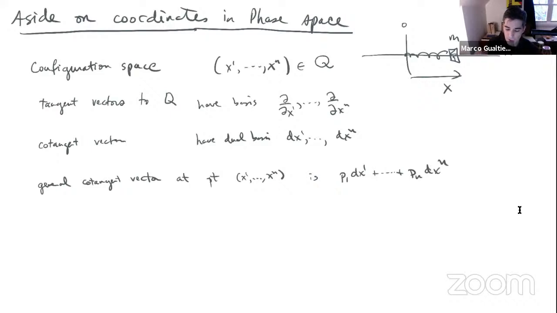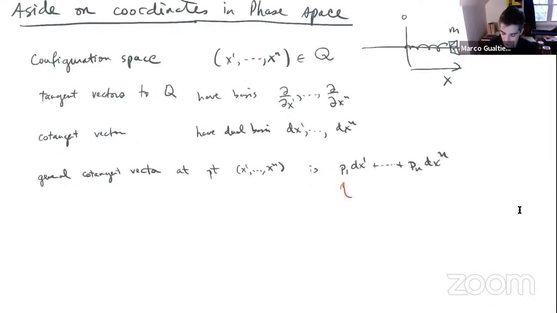And so this is how we get the so-called conjugate variables. These are the momenta, variables conjugate to x1 up to xn.